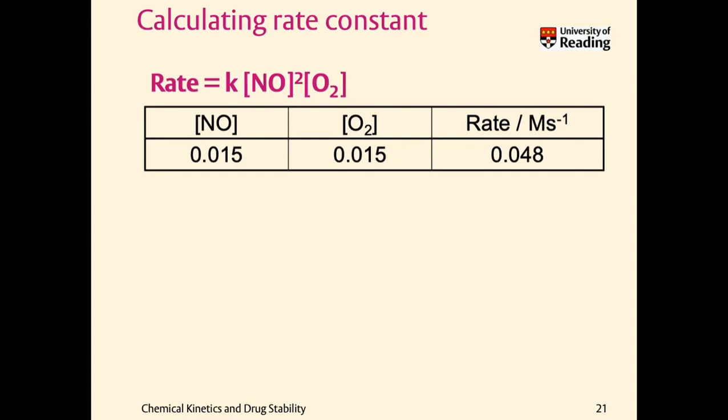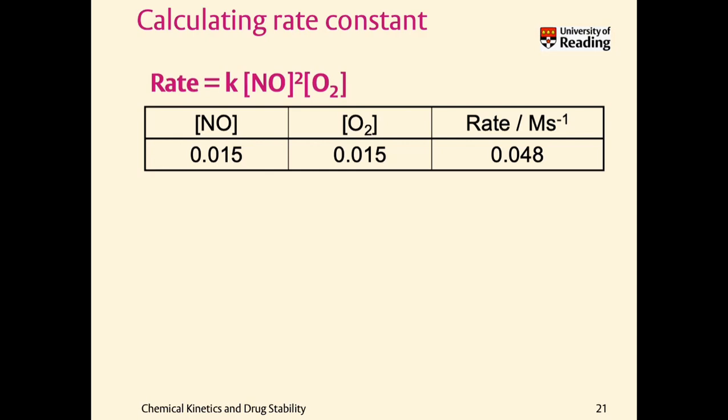Going back to our example, we have found that the rate equals k, the rate constant, multiplied by nitric oxide concentration squared times the oxygen concentration, and we can use one set of experimental data to work out the value of the rate constant. You can calculate k using any of the experiments.